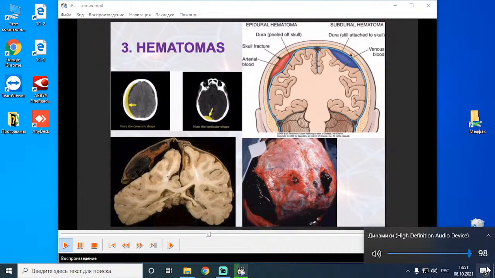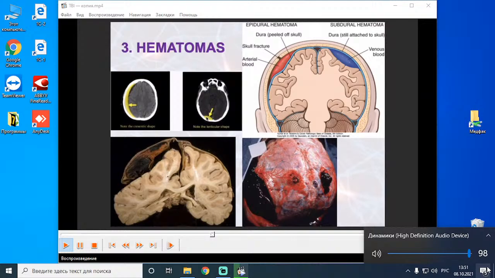It's here, the dura, in blue, and here is venous blood. It's a subdural hematoma. Here you can see the crescentic shape of the subdural hematoma, and the lenticular shape of the epidural or extradural hematoma.